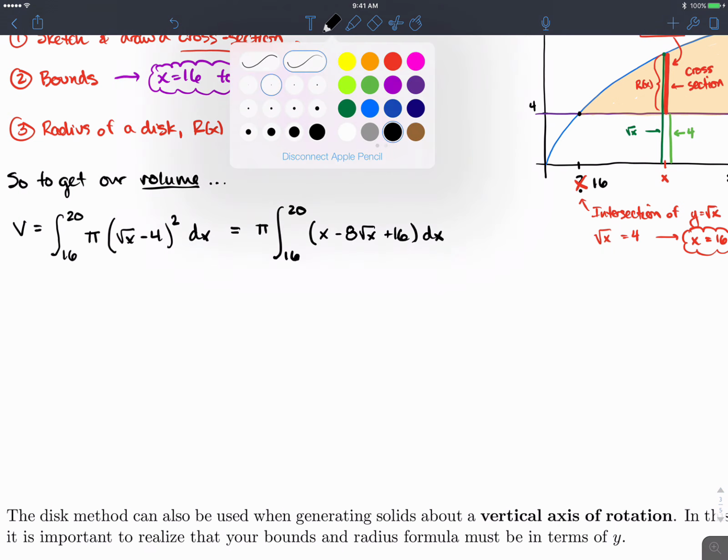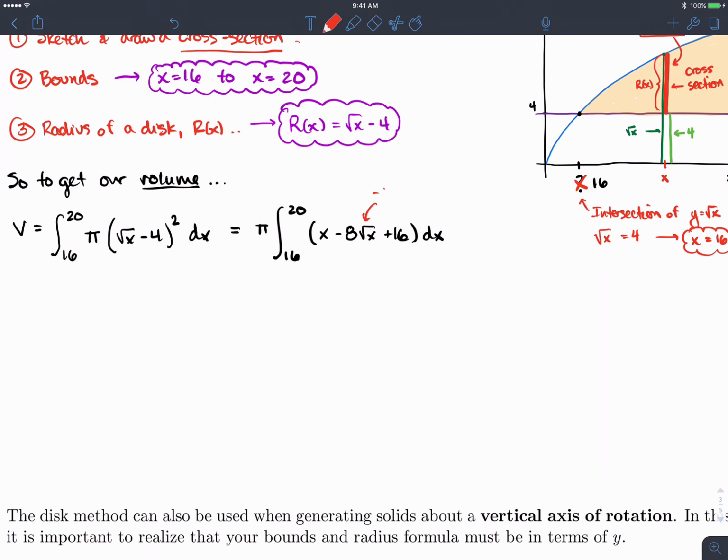Now we integrate. It's probably going to be helpful to think about this as negative 8 times x to the power of 1/2 when it comes to integrating. So if we integrate, we're going to have pi times this antiderivative, which is going to be 1/2 times x squared, so that's the antiderivative of x, minus 8 times, so if we add 1 and divide by 1/2, we're going to get 2/3 x to the power of 3/2, and then plus 16x.